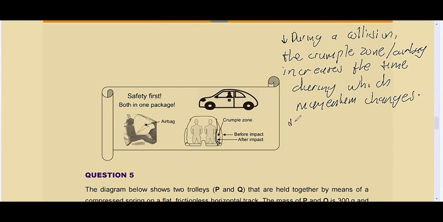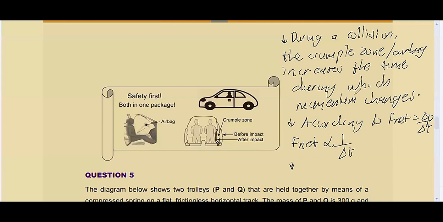Then, according to F net is equal to change in P over change in T, we know that our F net is inversely proportional to change in time. Right. So if we increase the time during which momentum changes, that means the net force during impact will decrease.